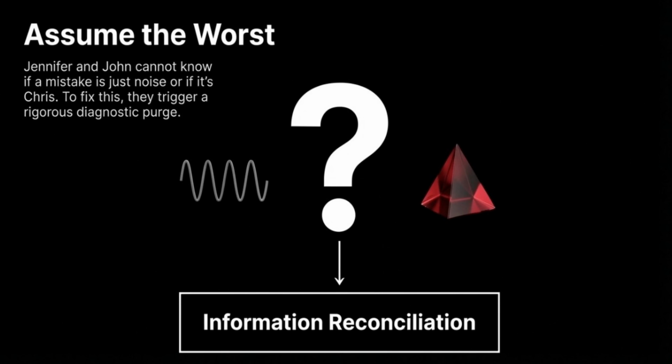It is a mathematical process designed to scrub the key of errors while revealing as little information as possible to the outside world. By assuming the worst, they ensure the highest possible level of security. Now, let's look at the specific engine they use to perform this purge: the parity search.